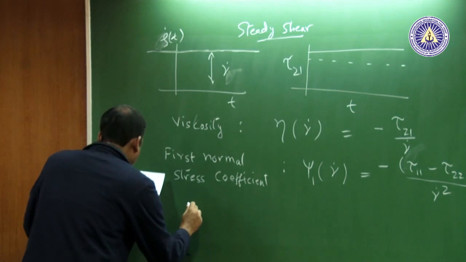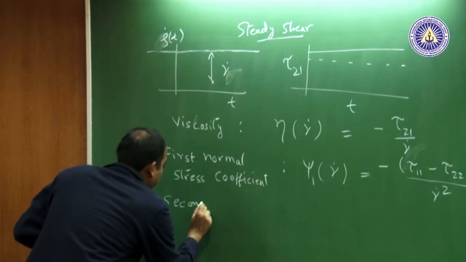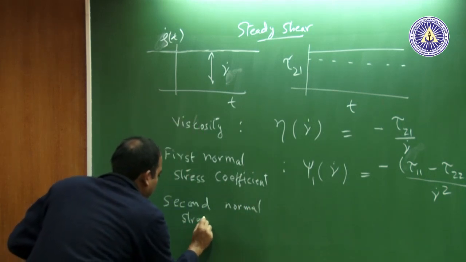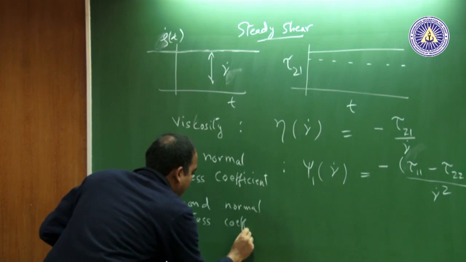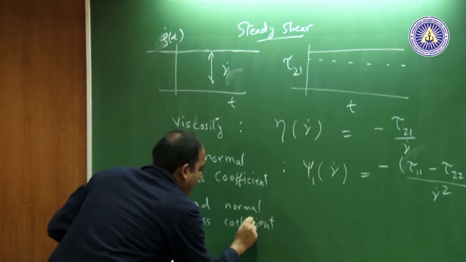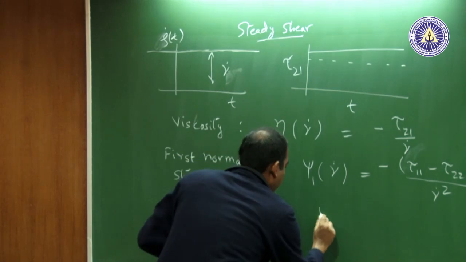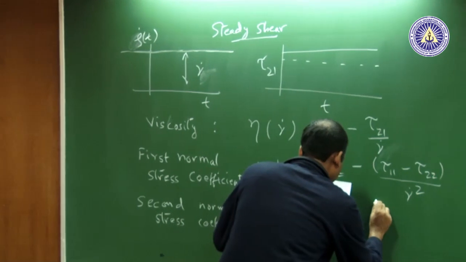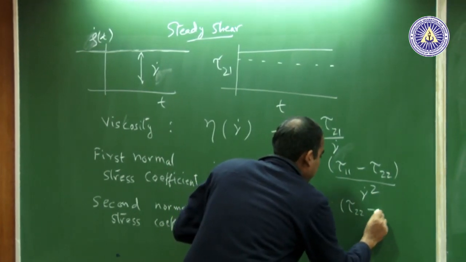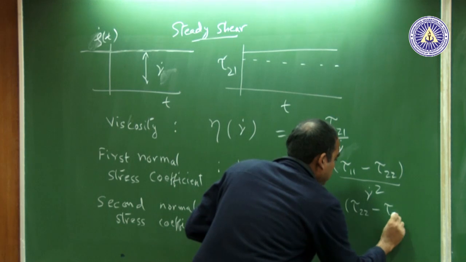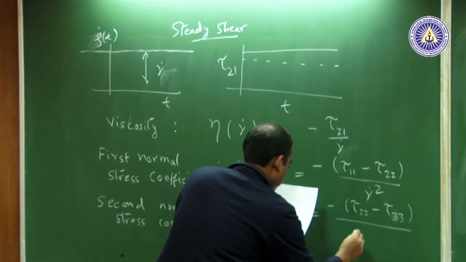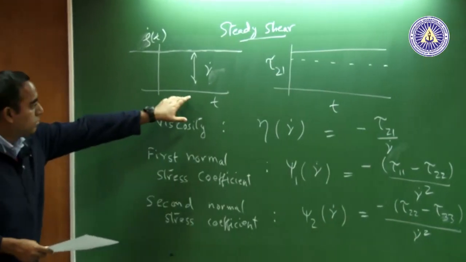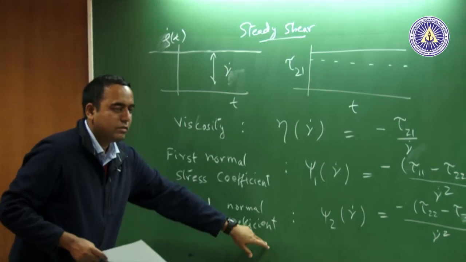Then we have the second normal stress coefficient. So, just for a simple steady shear flow, you have these three material functions that you can define.